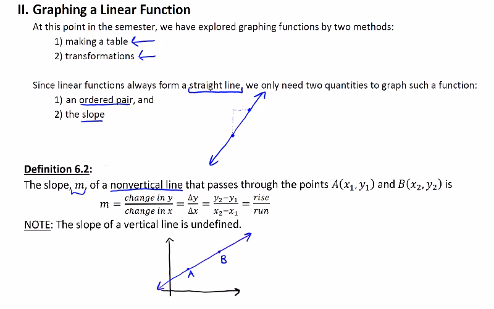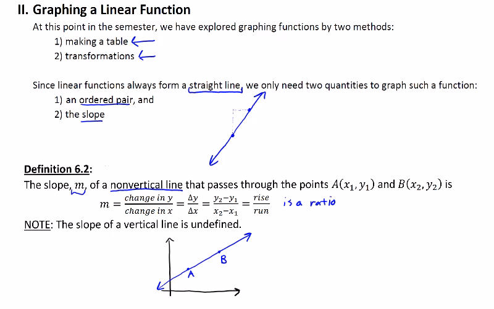So I'm just drawing precisely what that first statement says there. And then it says M, which is called the slope, represents the change in y divided by the change in x. So slope is always a ratio. It's a ratio that compares the change in y to the change in x from point A to point B.